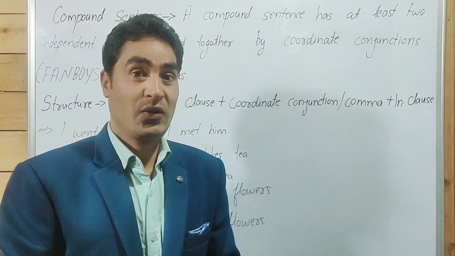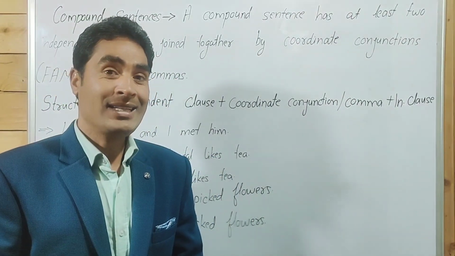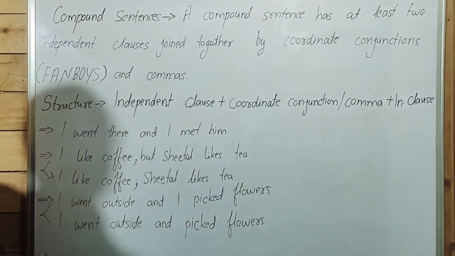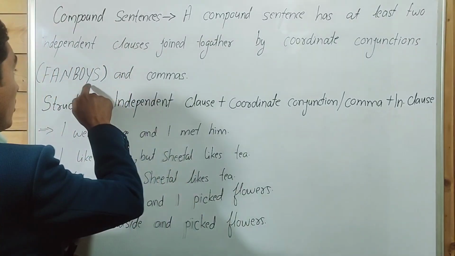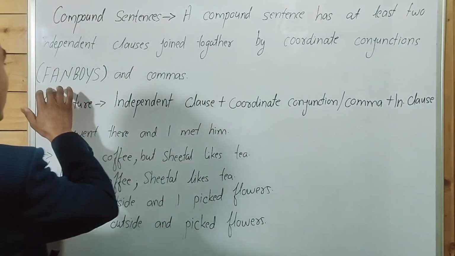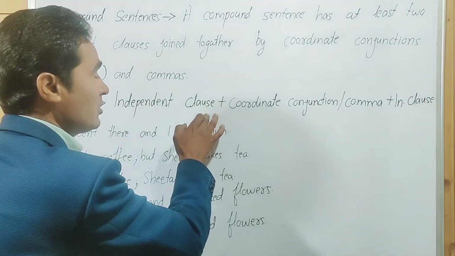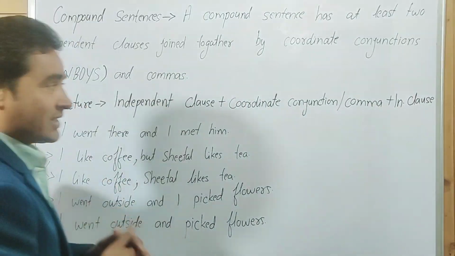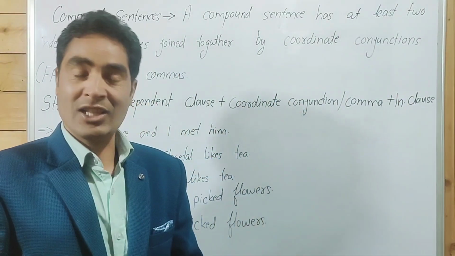FANBOYS: F stands for for, A stands for and, N stands for nor, B stands for but, O stands for or, Y stands for yet, S stands for so. These are FANBOYS conjunctions. Structure: independent clause plus coordinate conjunction, we can write a comma and plus an independent clause again.